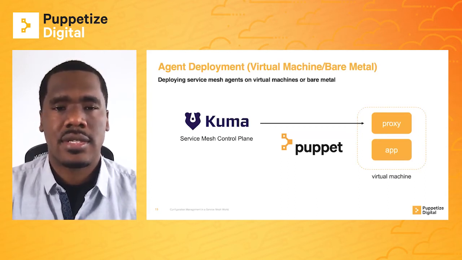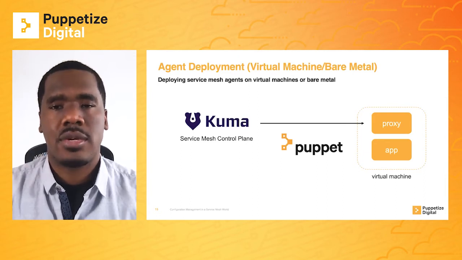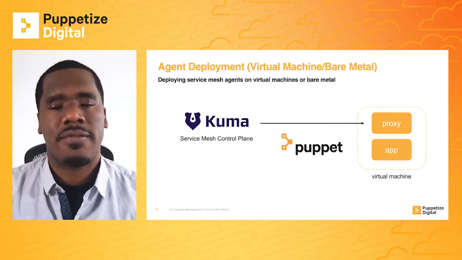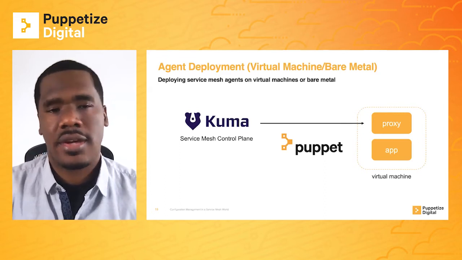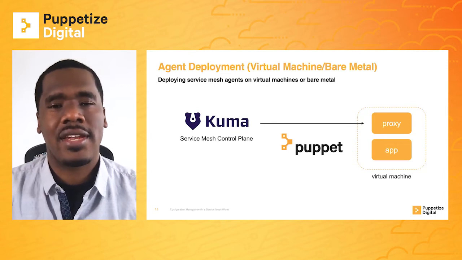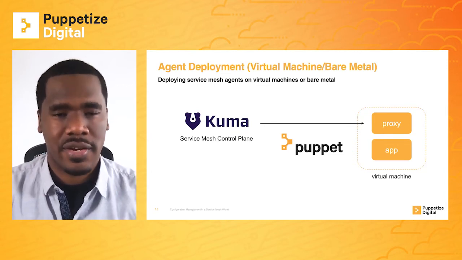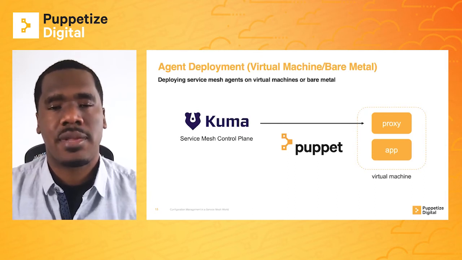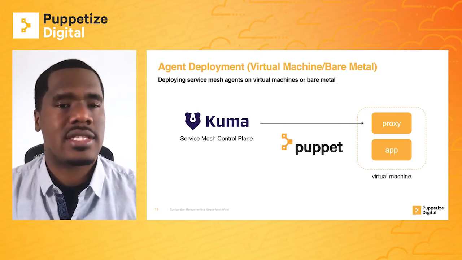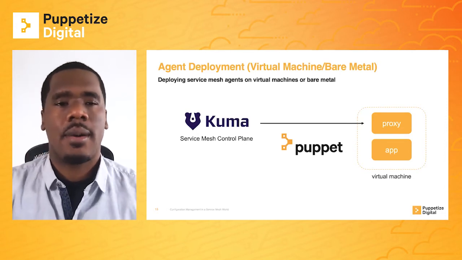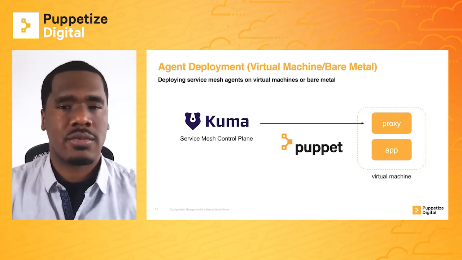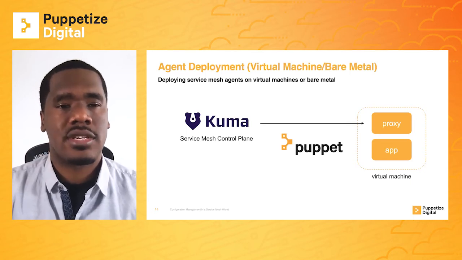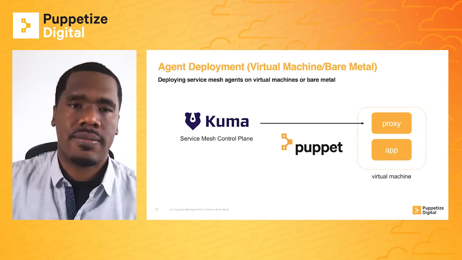And so that allows us to ensure that there is a proxy running next to our application effectively on our virtual machine. Now, it's not a single one-line configuration, but it hopefully gets to a point where you're simply declaring a class, like let's say Kuma or Consul, to be applied to all of your virtual machines. And at that point, the virtual machine then gets the service mesh agent.